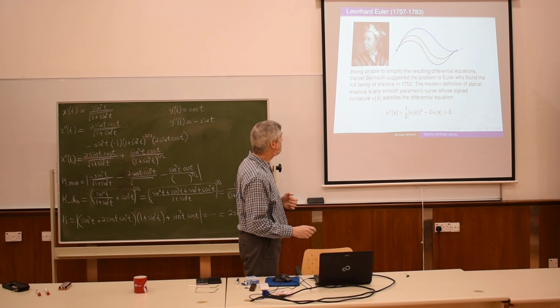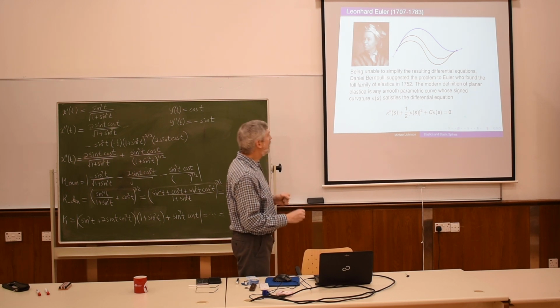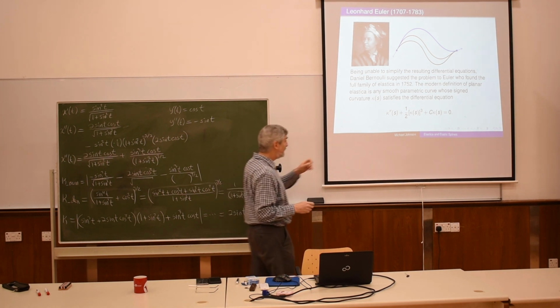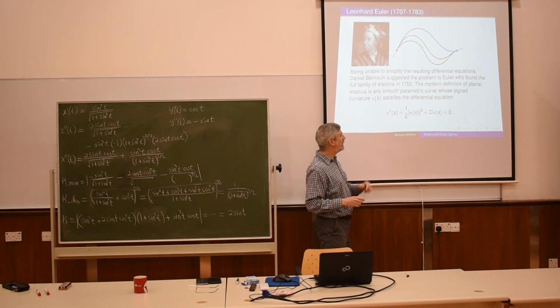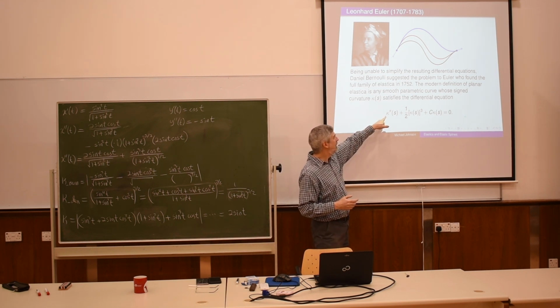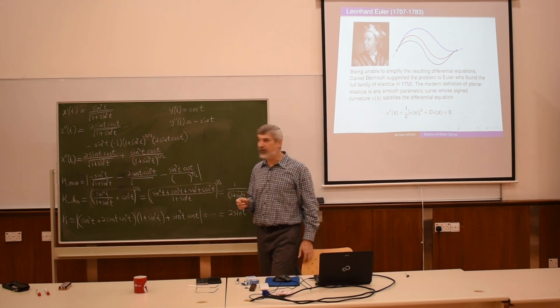Okay, now, Euler has his equations, but these have been worked over a couple hundred years. And so the modern definition of elastica is this equation. So if you have a smooth parametric curve, and where the curvature, you have to work with the sine curvature.